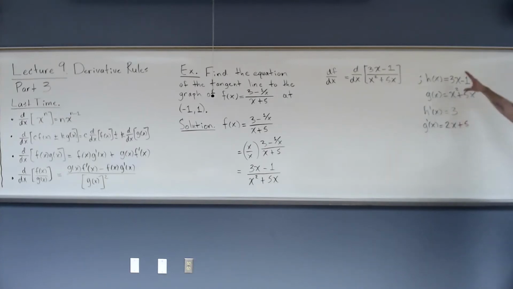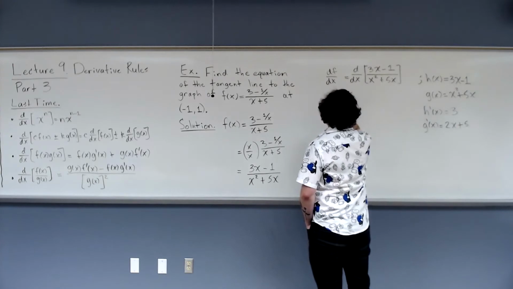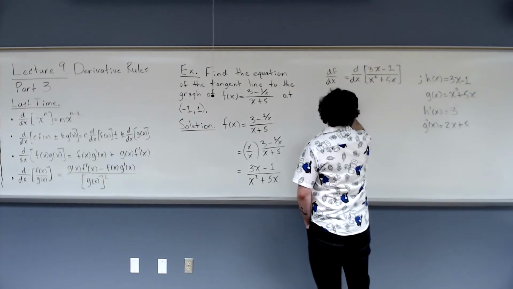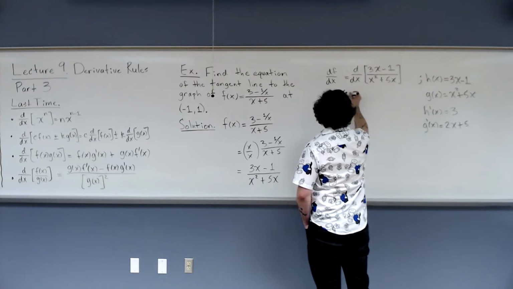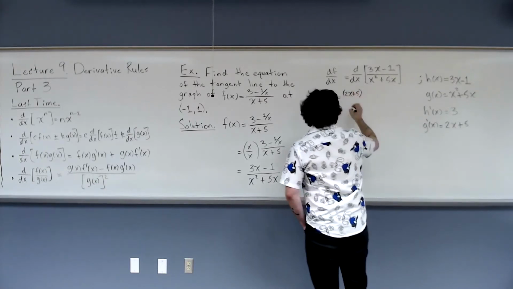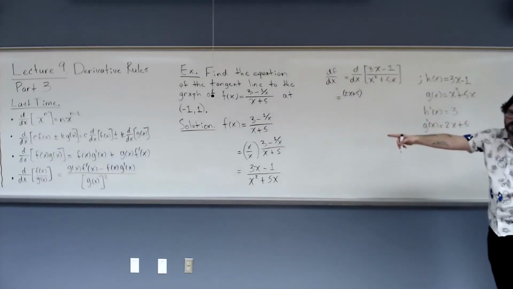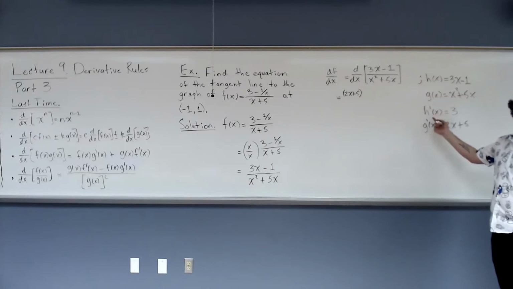Now that I have h, g, h prime, and g prime, I can plug into the formula for the quotient rule. It's going to be a mess. So I have g, 2x plus 5, times, wherever you see an f over there, it's an h over here.